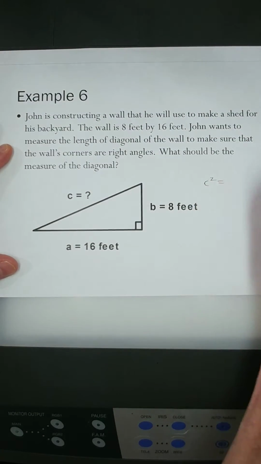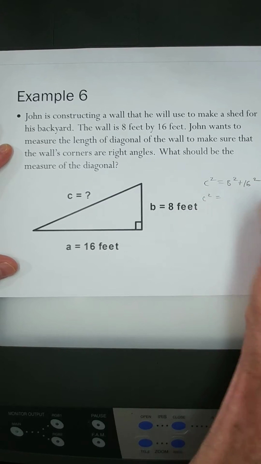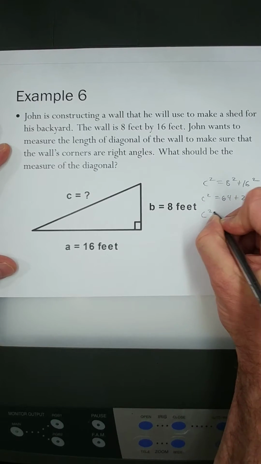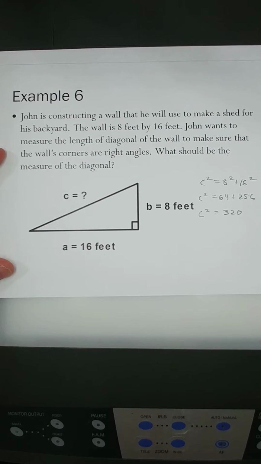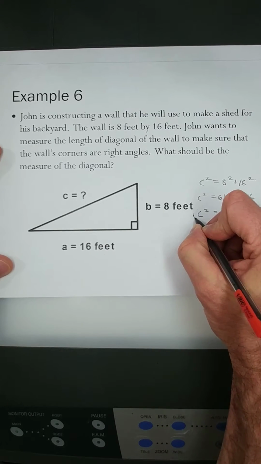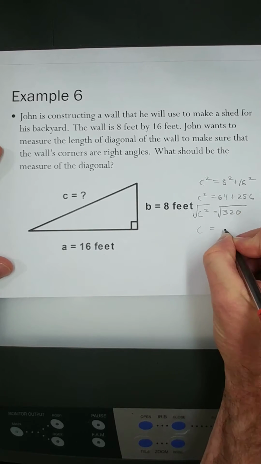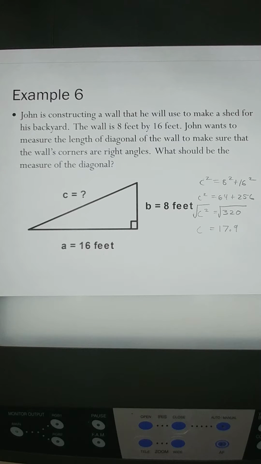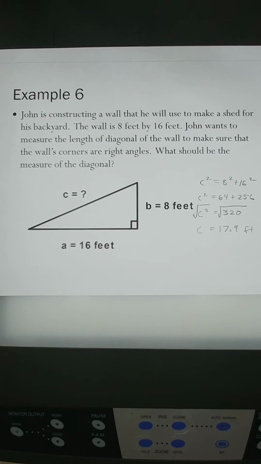So if we do the Pythagorean test, 8 squared plus 16 squared, it's 64 and 256, and those numbers come out to 320 if we add them. So if we take the square root of both sides, to the nearest tenth, the square root of 320 is about 17.9 feet. So that's what the diagonal would have to be.